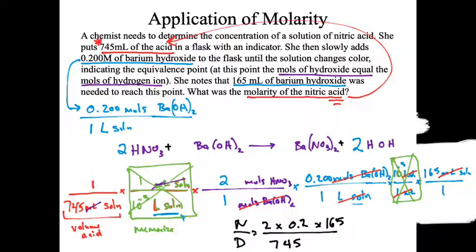Everybody see all that? What does our calculator spit out? 5.9, we rounded it.